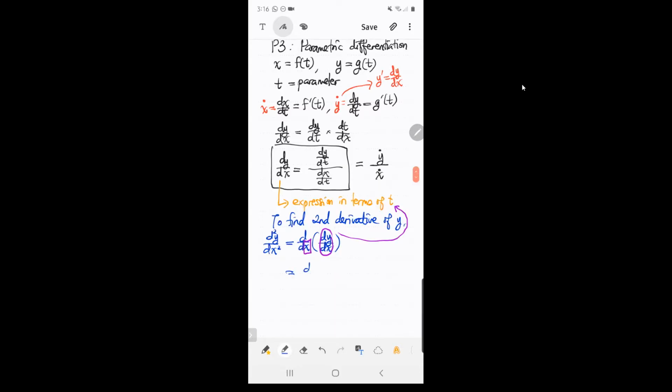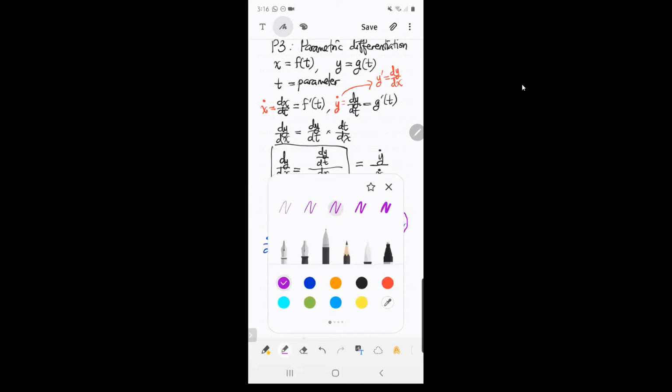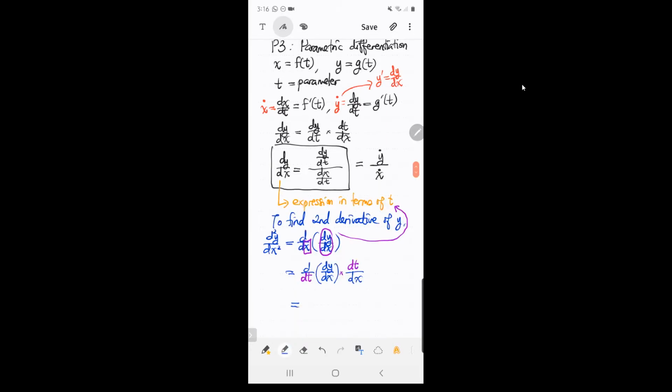So in order to differentiate the dy/dx, which is in terms of t, you must have dt. So therefore, I introduce the variable dt. This is what happened. So now the d/dt of dy/dx, you can differentiate as usual, all right? And therefore, you obtain the form d/dt of dy/dx divided by dx/dt.